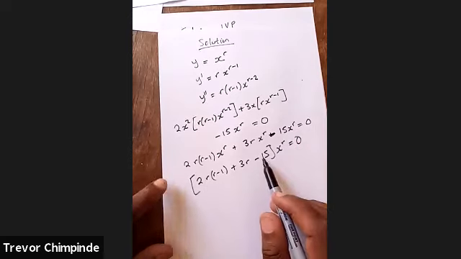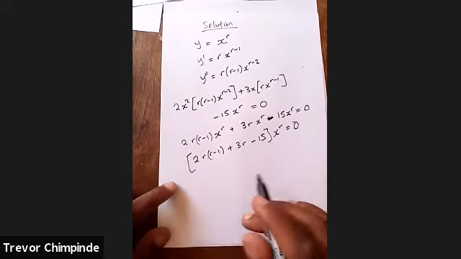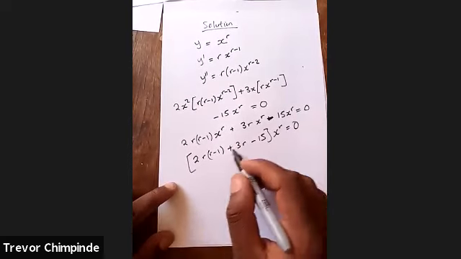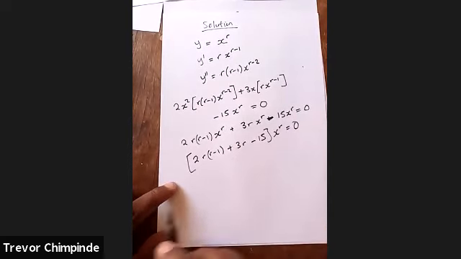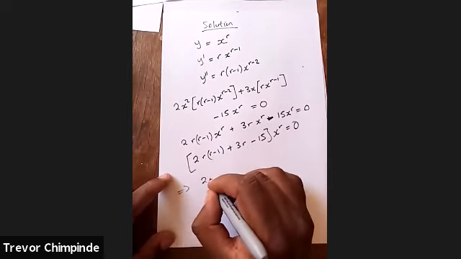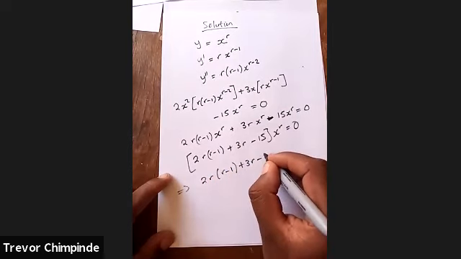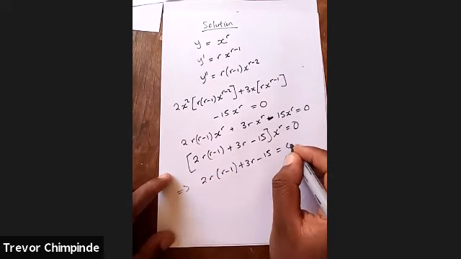So this is the quadratic you get, and you have to solve it to find what your solutions are. This implies that 2r(r minus 1) plus 3r minus 15 is equal to 0.